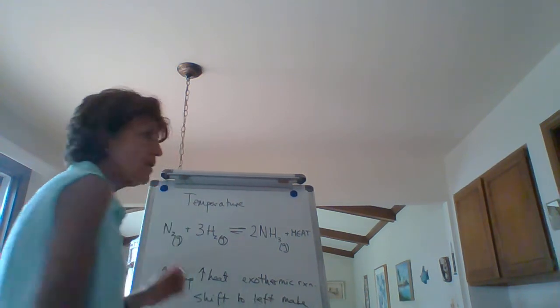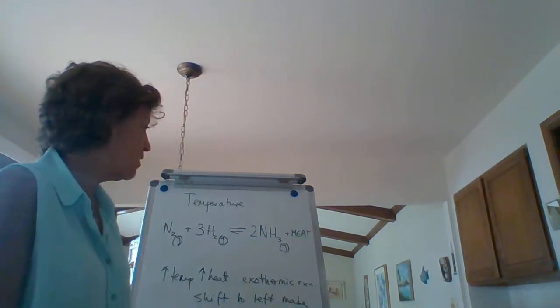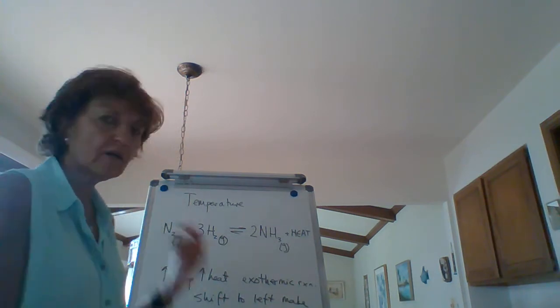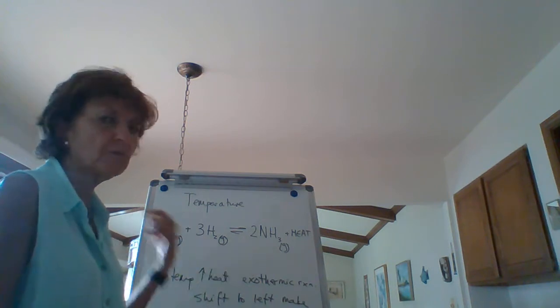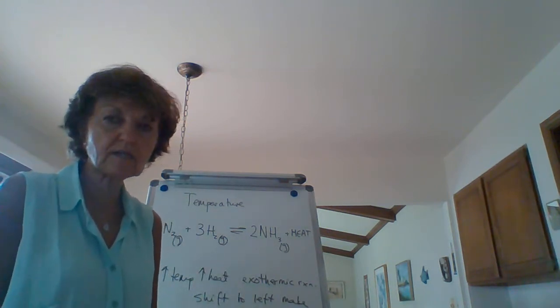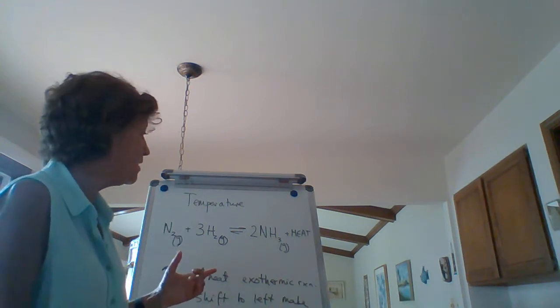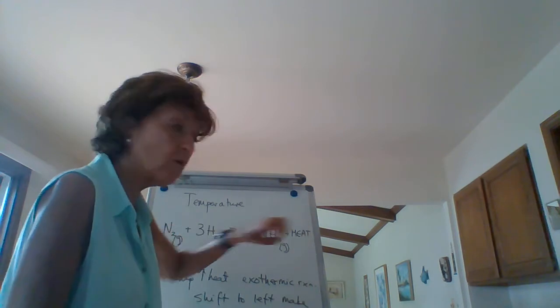more reactants. Okay, well, what if you get your bonus based on how much ammonia you produce? So if you try to run this at a high temperature, you're not going to be getting a lot of ammonia. All the ammonia you're making is shifting back to the reactant side. So the best way to run this reaction is to cool it down, meaning take away heat.